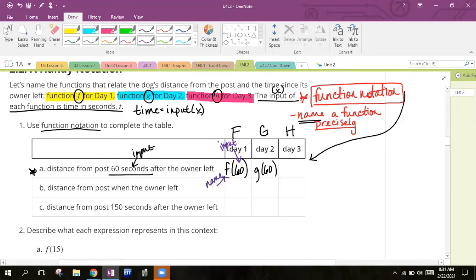So if I see an F, that tells me I'm looking at day 1, and then inside the parentheses is always going to tell me my X value. And in this case, our X value is the time. All right, now if we're talking about day 3, what's the name of day 3? H. Okay, then we have to do our parentheses, and inside of our parentheses goes our input, which is what? 60.